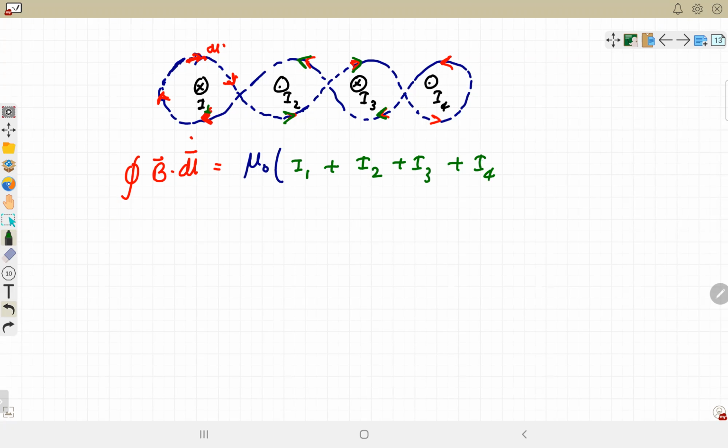So though I2 and I4 are in opposite directions, because of our direction of integration, it has been taken positive in all four cases, right? Yes, boss. Did you understand this diagram? What did we do here?